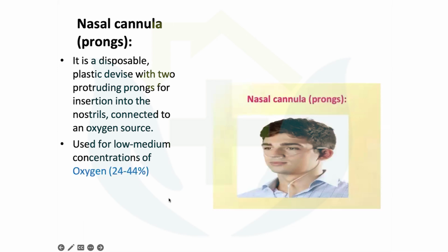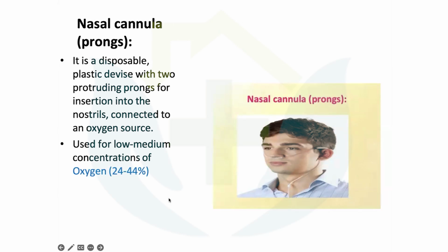So the nasal cannula, you all know, is a very useful piece of equipment for a patient, and it provides oxygen as well as comfort to the patient. It is used when, suppose, the patient is eating; it gives comfort to the patient.